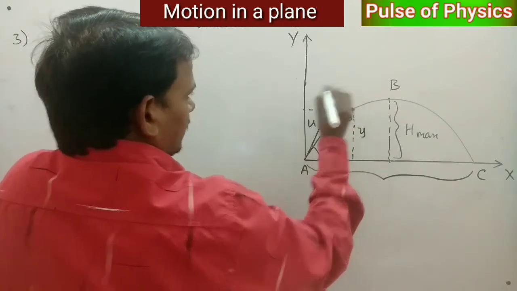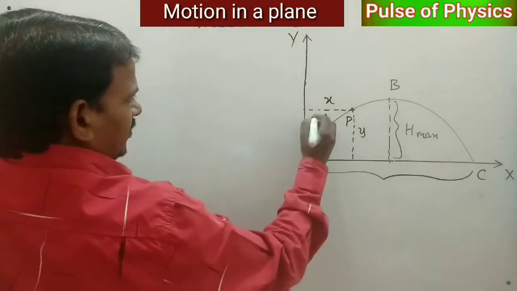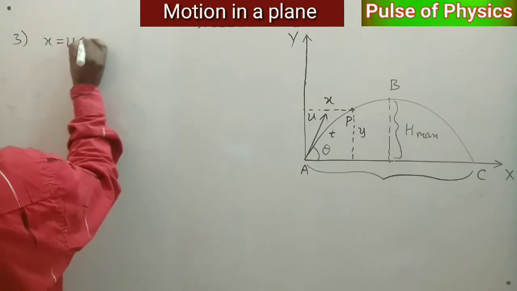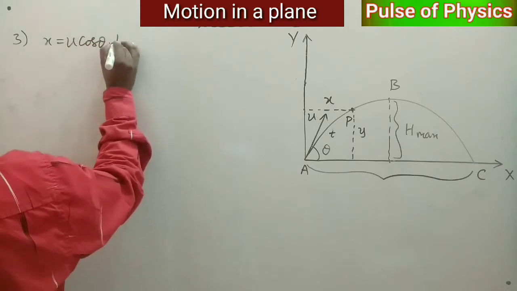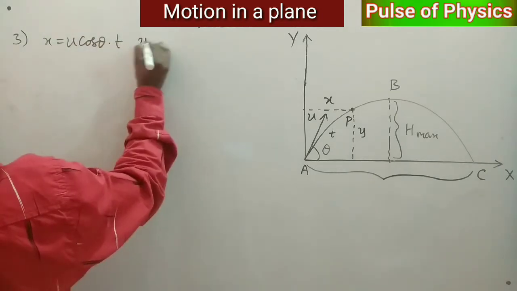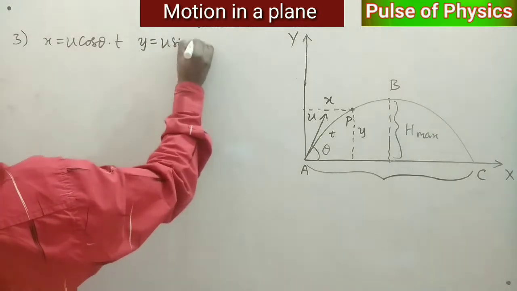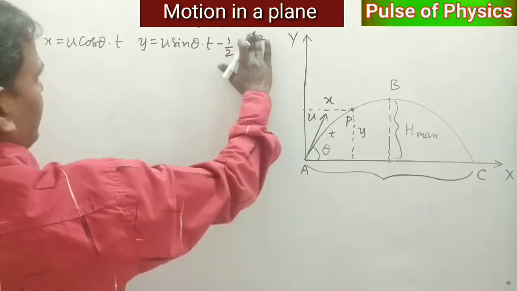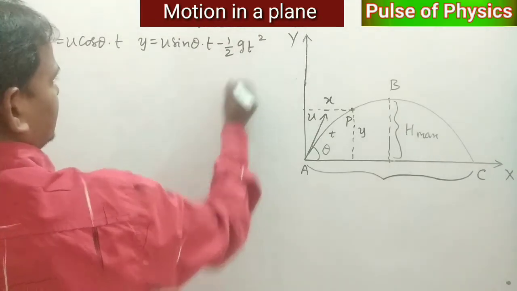Now, x is equal to u cos theta into t, and y is equal to u sin theta into t minus half g t square. We discussed this already.